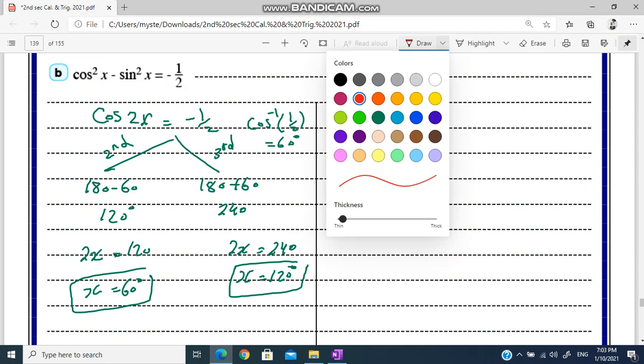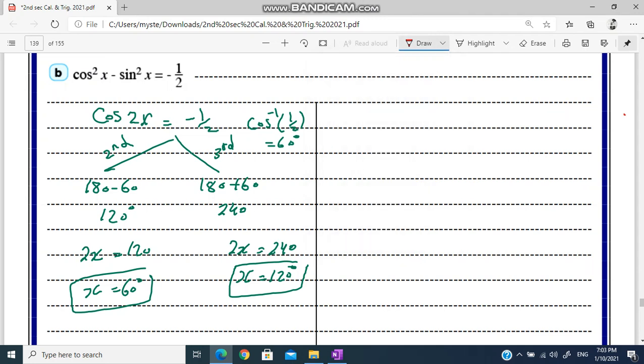So the angles are 60 and 120, and these are some of the solutions. To find the other solutions, you will use the general solution you studied before. So 2x equals 120 plus 360n. Divide by 2, so x equals 60 plus 180n.